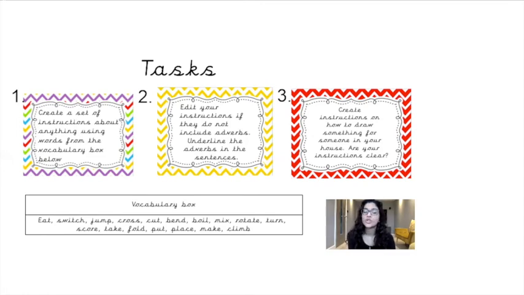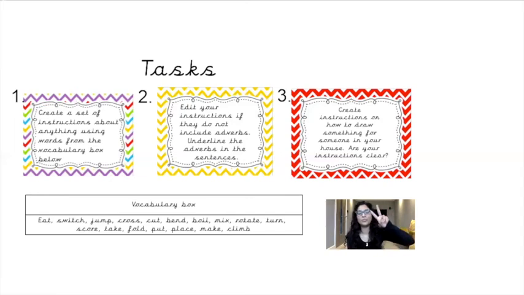Eat, switch, jump, cross, cut, bend, boil, mix, rotate, turn, score, take, fold, put, place, make, climb. So any set of instructions, it could be for anything that you want someone to do. Just make sure that you are using those words from the vocabulary box.